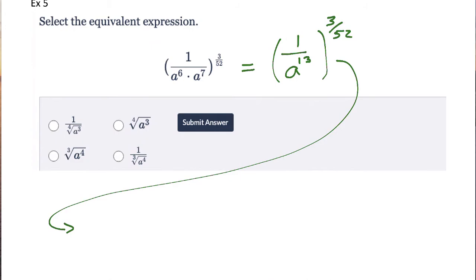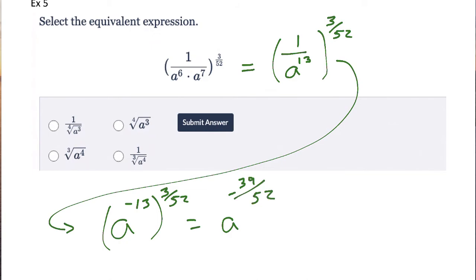If I write this as a to the negative 13, all that raised to the 3/52. If I want, just to not deal with that fraction temporarily, I can move that, make that negative, up to the top. And then this is a, and 3 times 13 is negative 39 over 52.